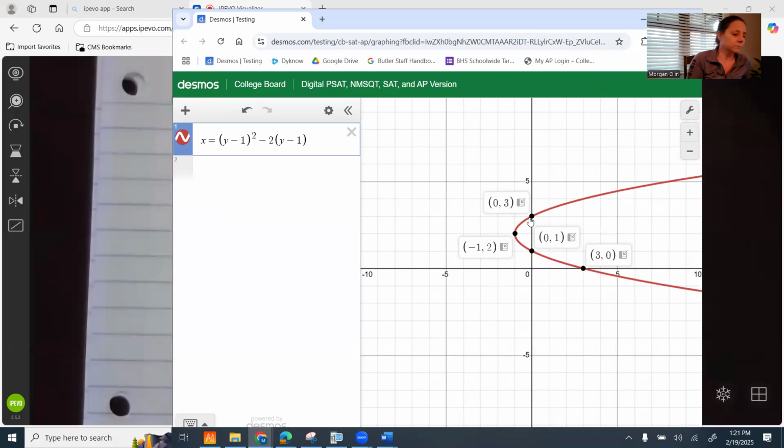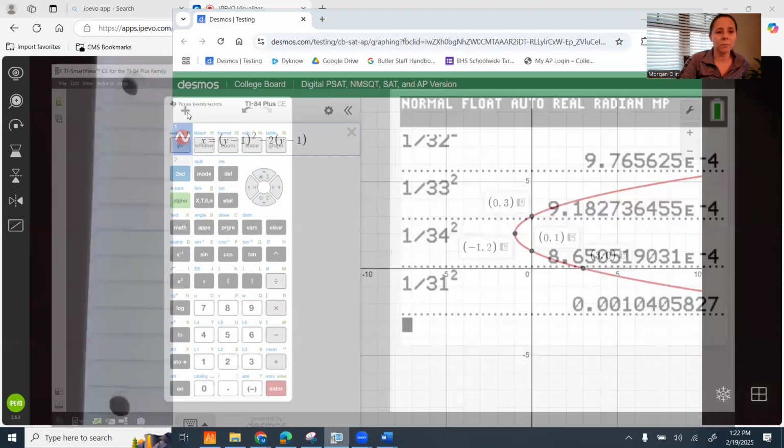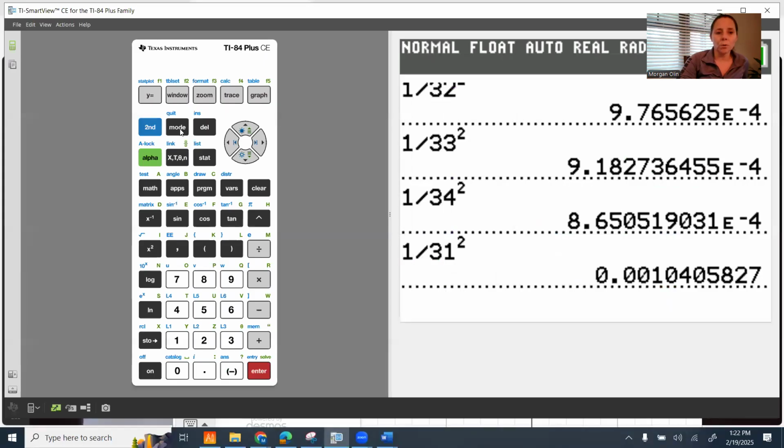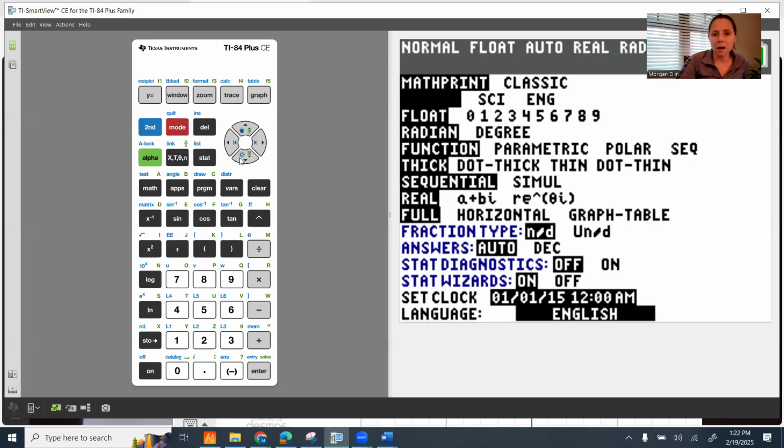Now, if you do have a TI-84, I do know we can change this to parametric mode. If you go to mode, and then go down to where it says function, and go over to parametric, we can press enter.